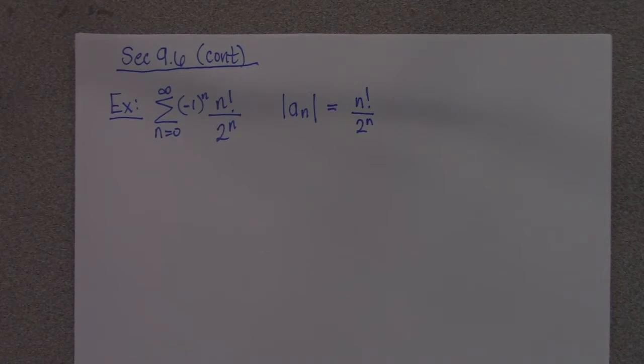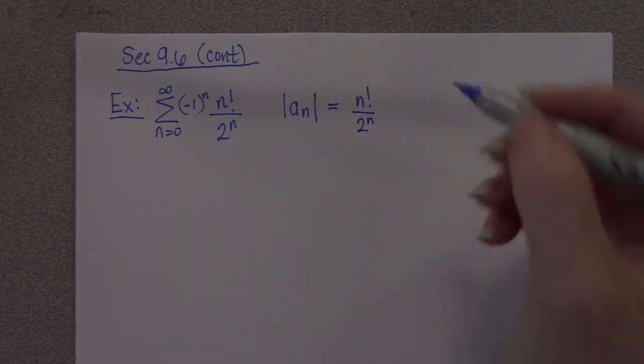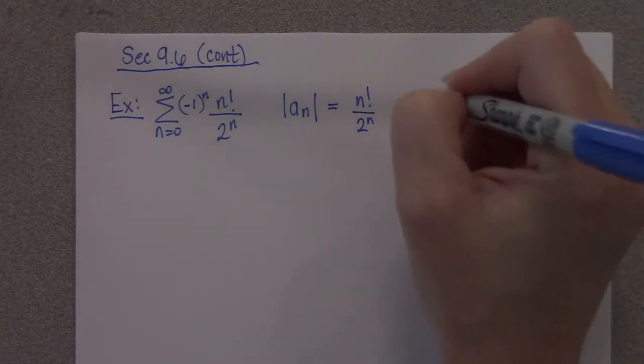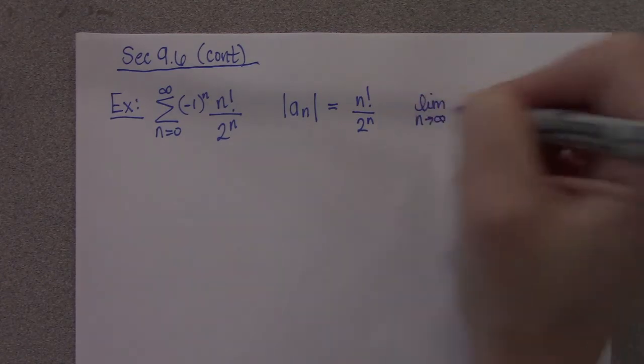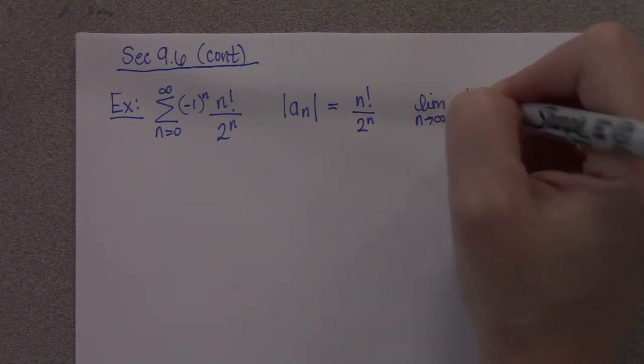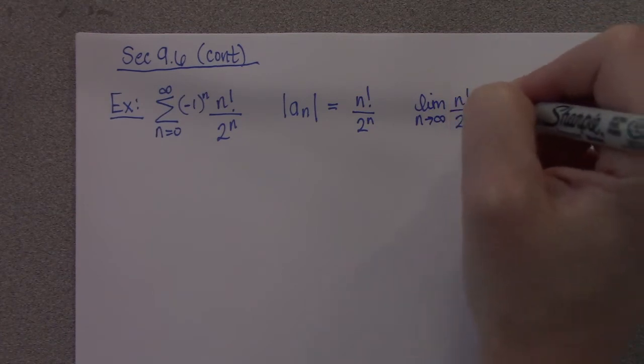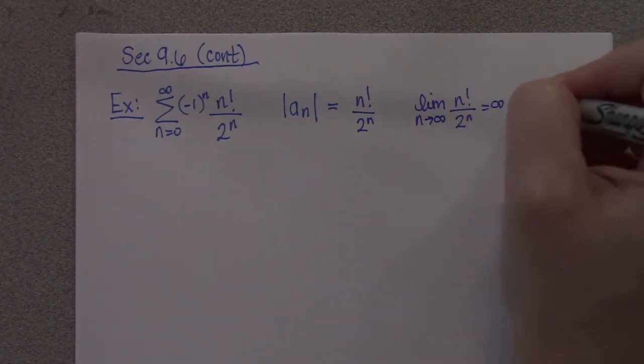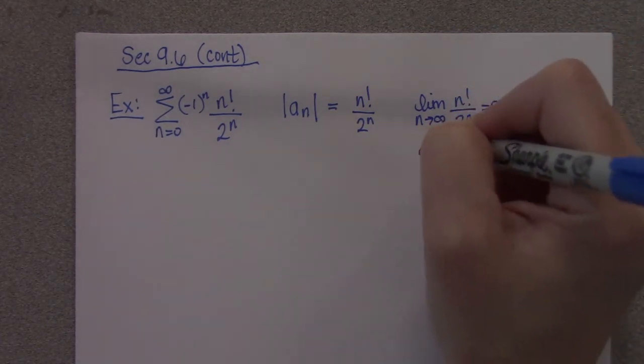Well, what do we know about factorials compared to exponentials? Which one's bigger, right? The factorials are bigger. So if the factorial is in the denominator, this thing would probably converge, right? But because the factorial is in the numerator, we actually can say, well, the limit of the nth term, right, as n goes to infinity, is actually infinity, which is not 0.